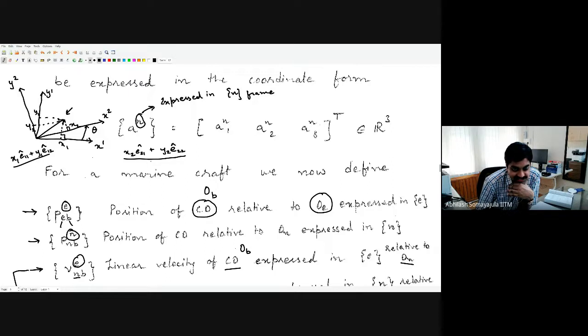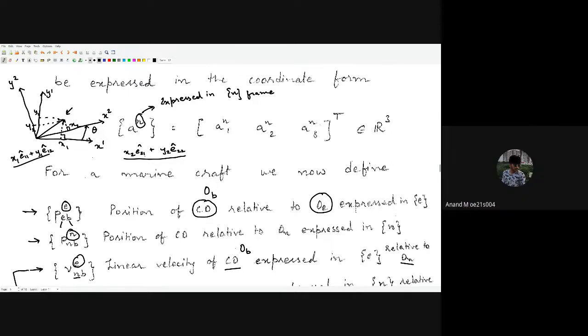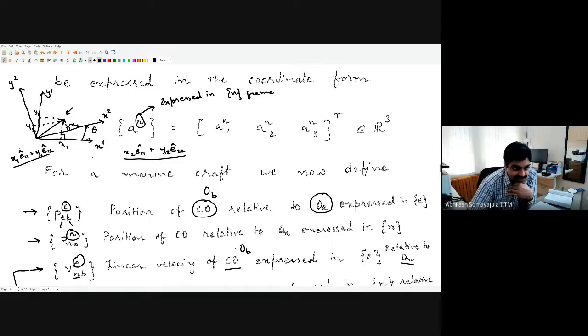Is that making sense, Anand? Yes, sir. Here what I am saying is E11 is the unit vector in the direction of x1. E12 is the unit vector in this direction. The unit vector along this direction is E21 and the unit vector along this direction is E22.